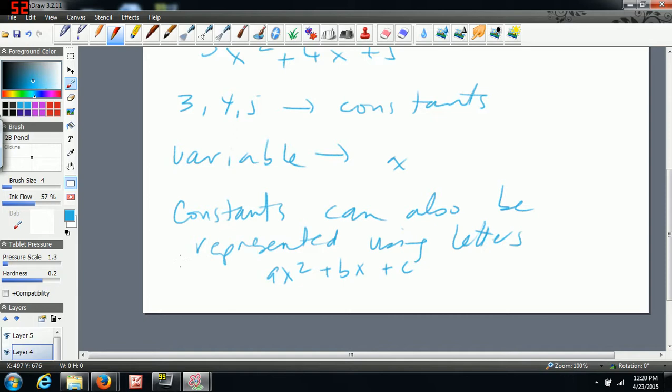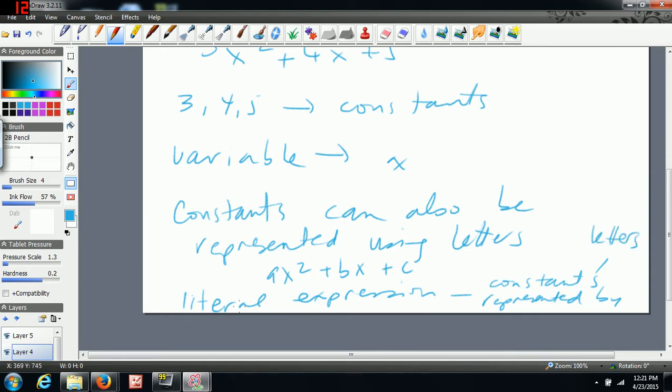And when you have an expression in which the constants are represented by letters, that is called a literal expression. So in a literal expression, the constants are represented by letters.